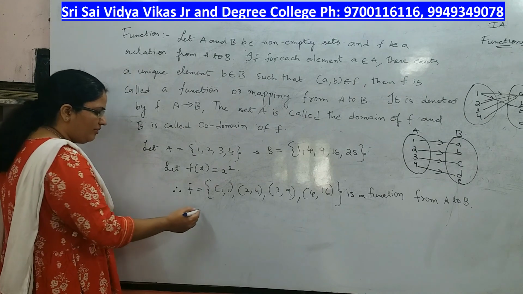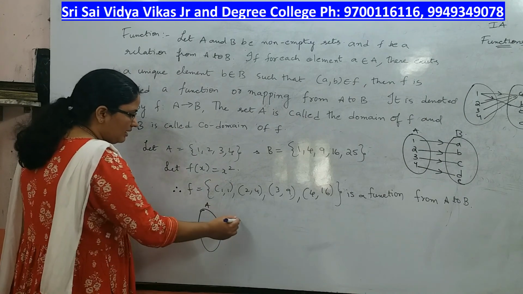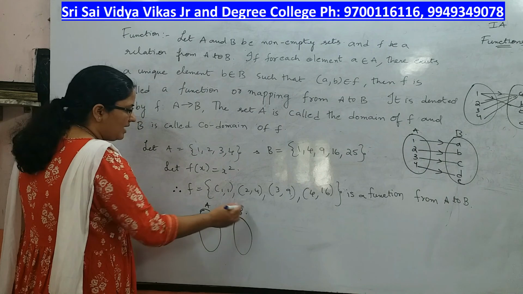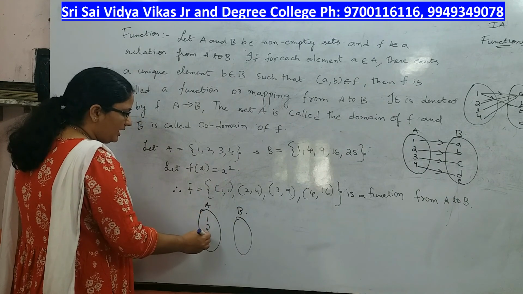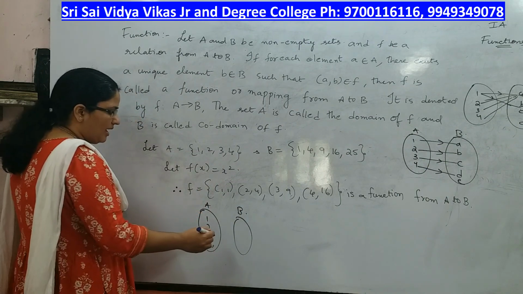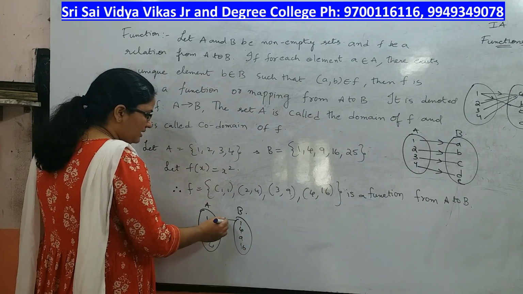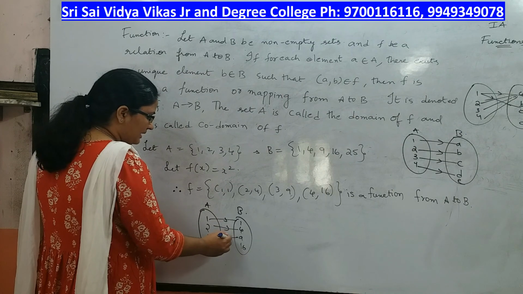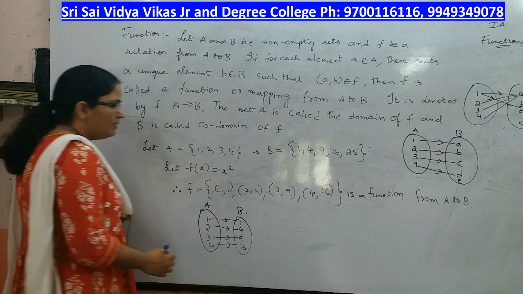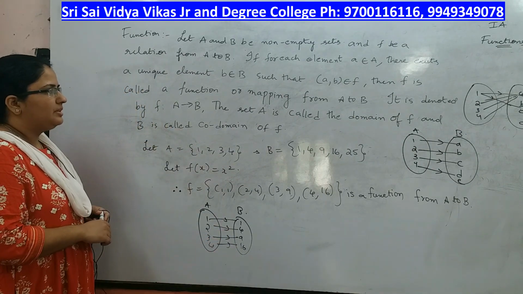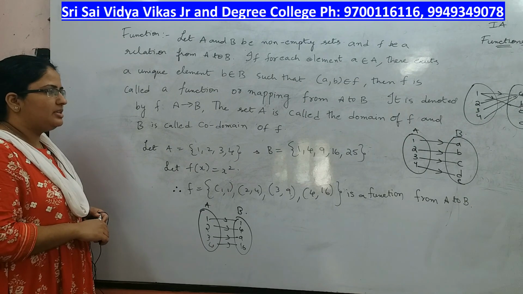So if you define two sets A and B, here you have 1, 2, 3, 4, here you have 1, 4, 9, 16. So this is a function from A to B.